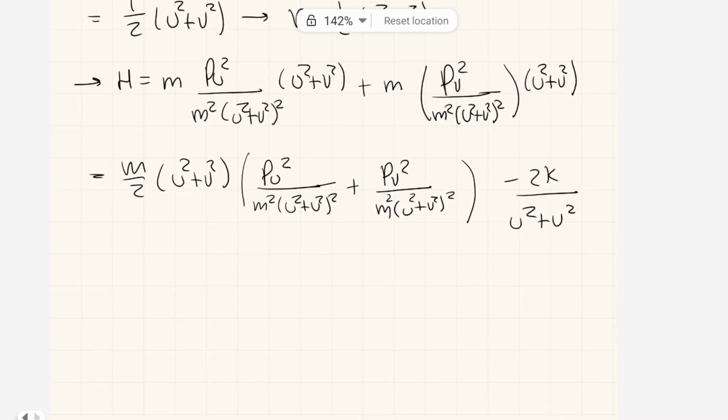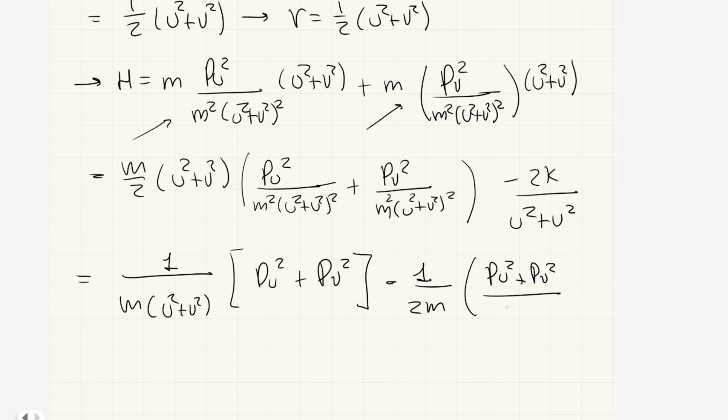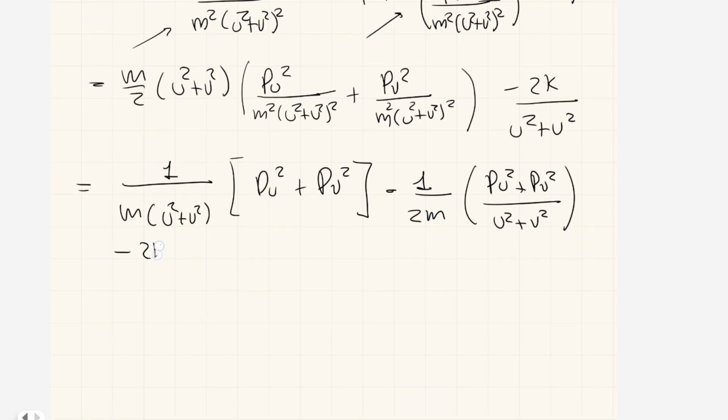Okay, so this is going to be pu² over m(u² + b²), and let me take this as a common factor, looking that it is here and here, so it will multiply pu² plus pv², and then we can express the next term as minus 1 divided by 2m times (pu² + pv²) divided by (u² + b²), then minus 2k divided by (u² + b²).